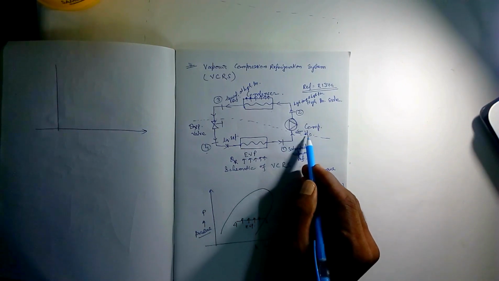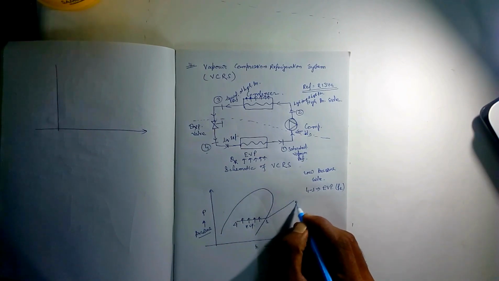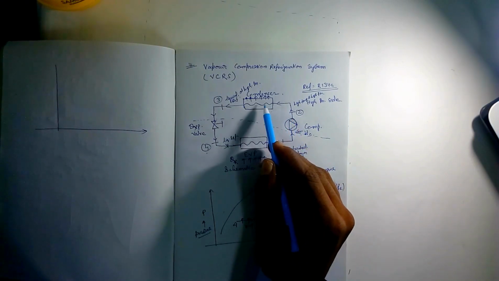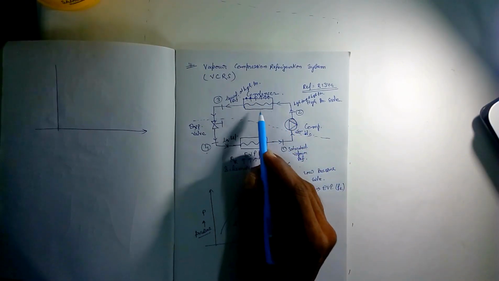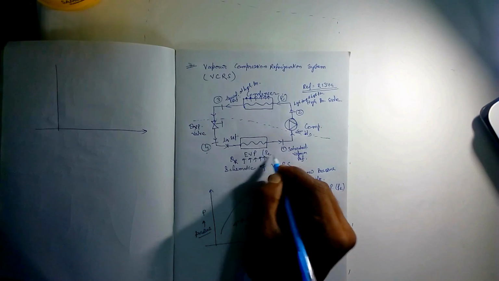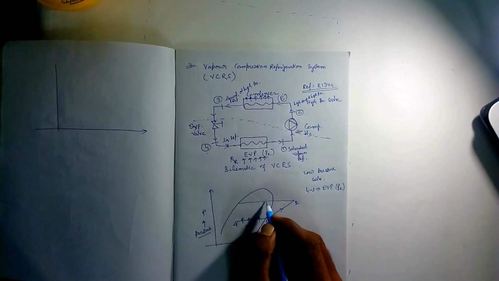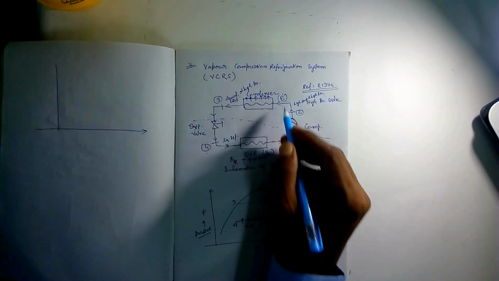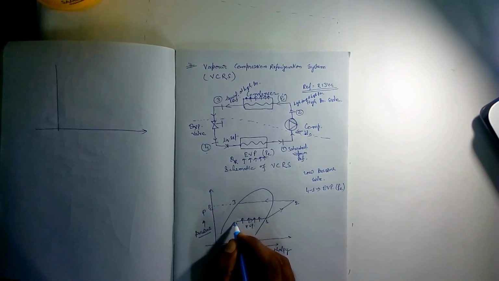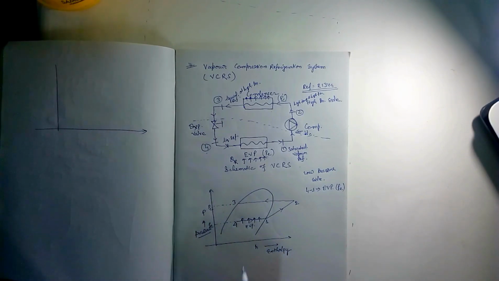Then we provide the work of compression. This is process 1 to 2, work of compression. Then the process of condensation occurs in the condenser at the condenser pressure PC, and evaporation occurs at the evaporation pressure PE. So process 2 to 3 occurs at constant pressure PC, the pressure of condensation, and process 4 to 1 occurs at the evaporation pressure PE.